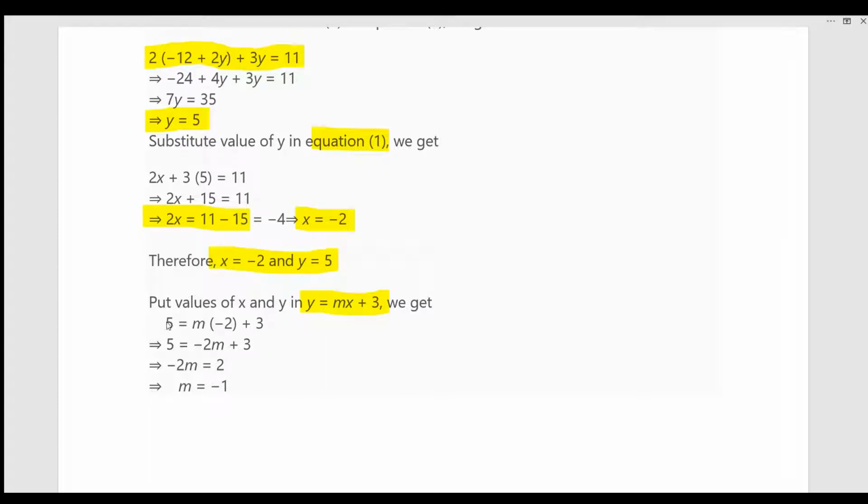So 5 = −2m + 3. −2m = 2 and we will get m = −1. So this is the value of m. We used the substitution method, got the values of x and y, and after that we substituted them in the third equation, and we got the value of m as −1.